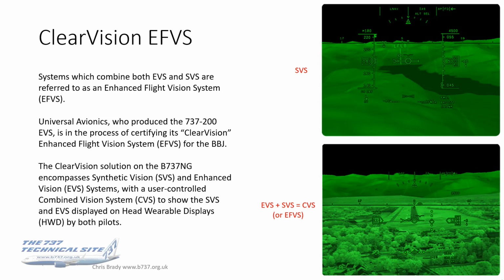It's the same thing you get on a level 3, level 4 full motion flight simulator. That's your terrain database. The lower image has got EVS superimposed on it, so it's the same view, but as you can see, you've got runway, taxiways, trees, all those other things on there.